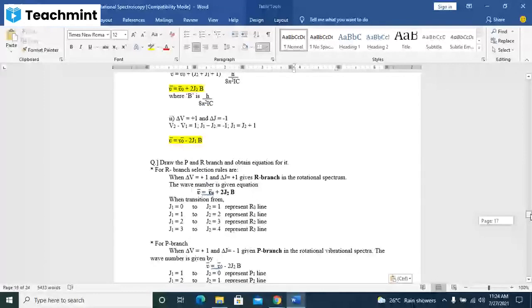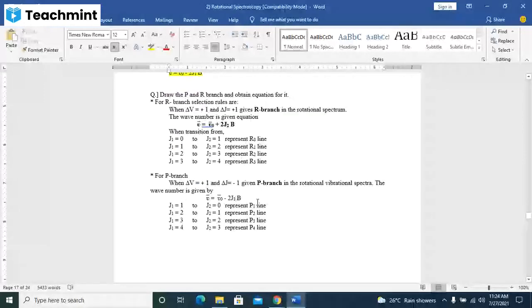Minus 2J1, that is the basic difference; I will make the correction here.